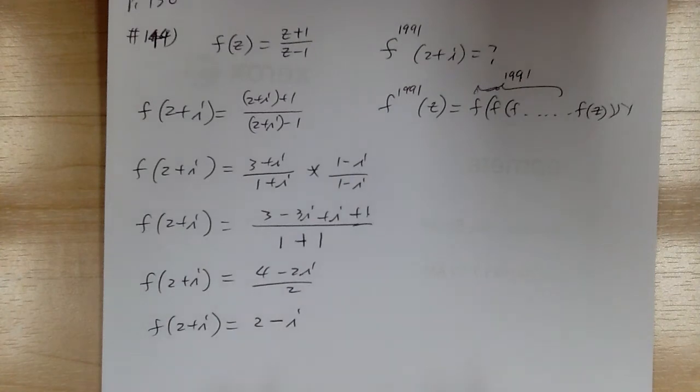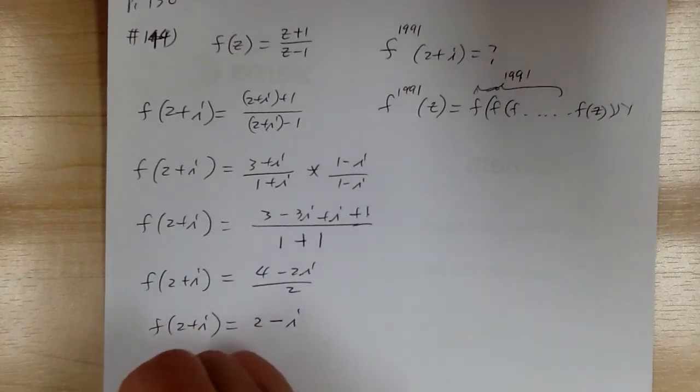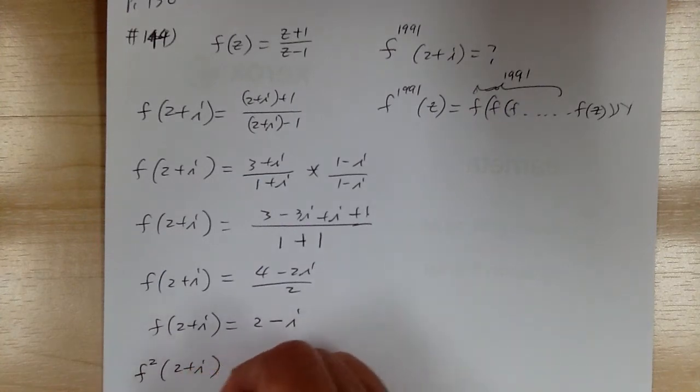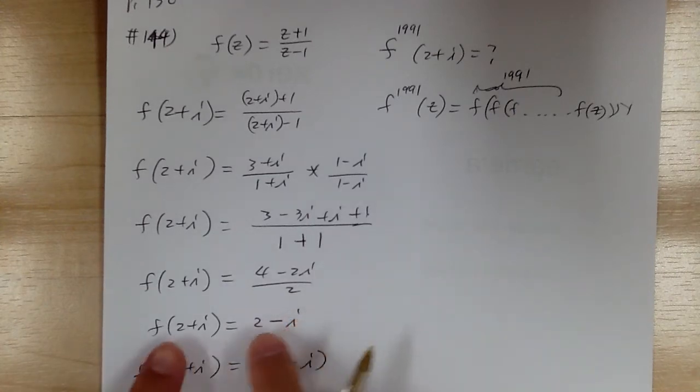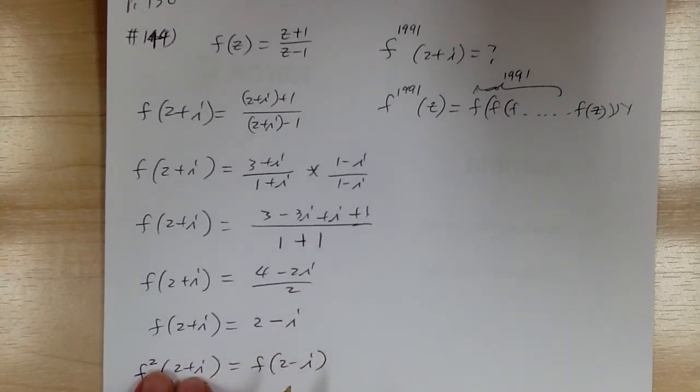Okay, now we're going to do the second one. The second order function of 2 plus i will equal f of 2 minus i, right? Because it's the second one, so you substitute this into here. Again, if you don't see that, let's do one more step.